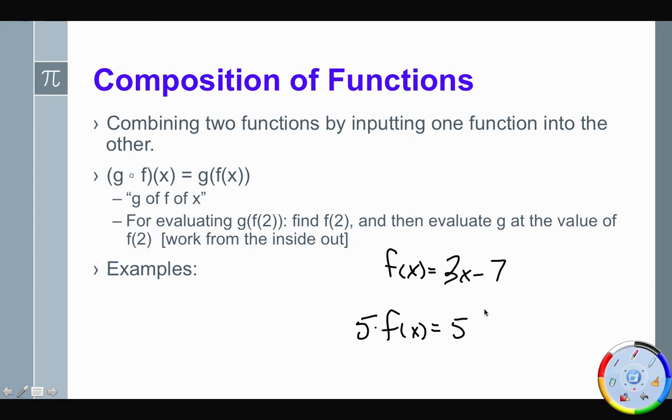So that's going to be 5 times the whole function f of x, and we get a new function, 15x minus 35. All right, that was just a minor piece that I wanted to put in. Really didn't fit anywhere outside of just an extra little example.